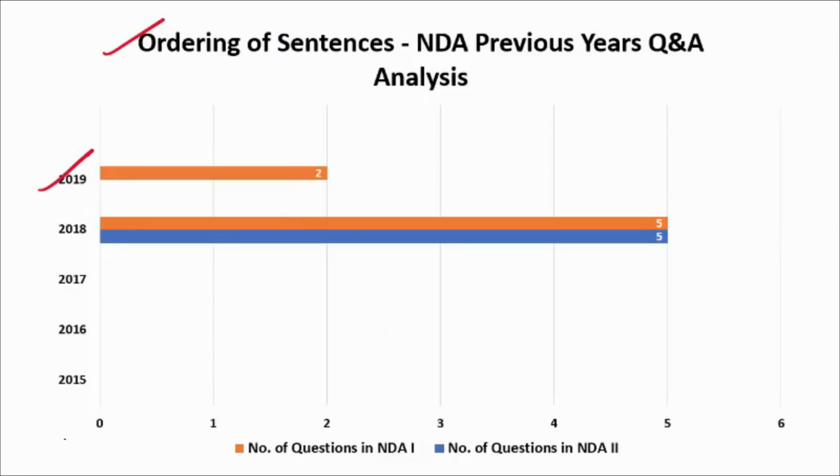Only in 2019 and 2018 did questions from ordering of sentences come, and the least number of questions was in 2019 NDA 1. Only 2 questions came, and the largest number of questions was 5, which came in both 2018 NDA 1 and NDA 2. No questions came from this topic in 2017, 16 or 15.